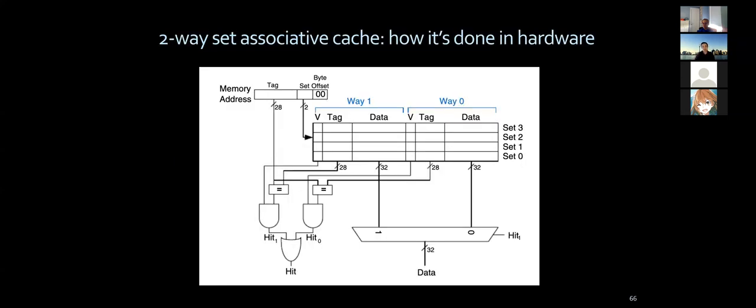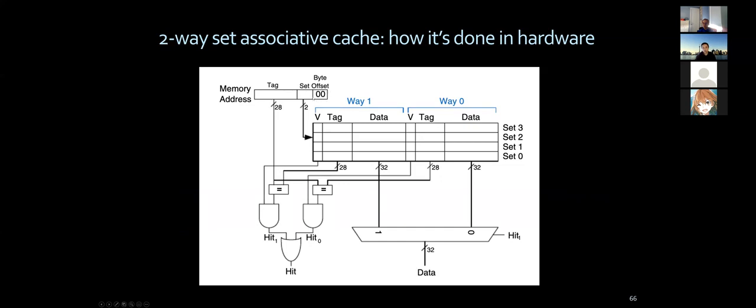Okay. For the people who want to look at the formalities, this is the block diagram of what a 2-way associative cache looks like. This is your memory address. There are top bits that represent the tag, bits that represent the set, and bits that represent the offset within a block.